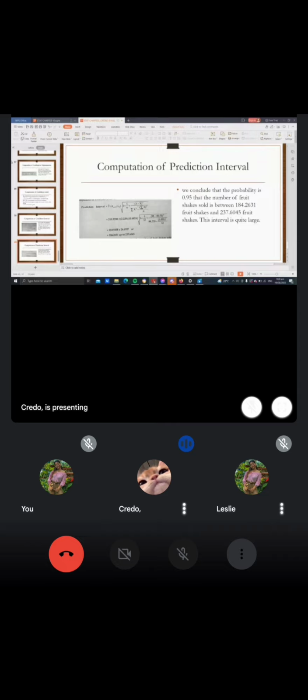So we have concluded that with probability 0.95, or 95%, the number of fruit shakes sold is between 184.9631 fruit shakes and 237.6045 fruit shakes. This interval is quite large.